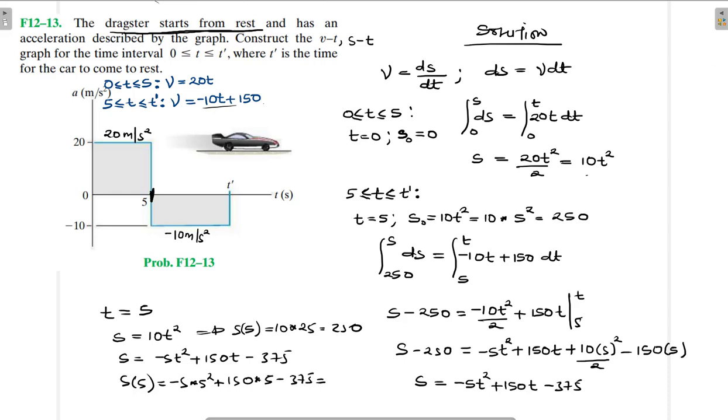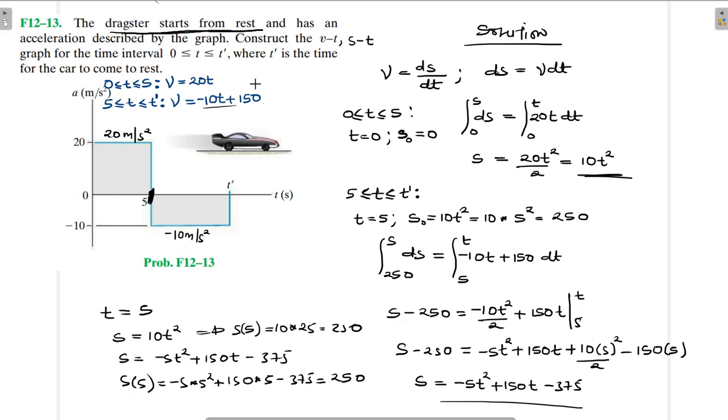So it gives us 250. It means our equation at 5 is supposed to give the same result. This one and this one are supposed to give the same result because this is the boundary that we picked. There is supposed to be continuity here. So it means our equation is fine.